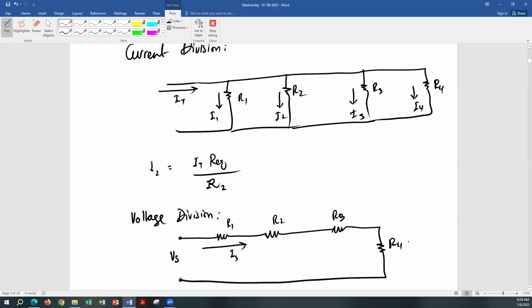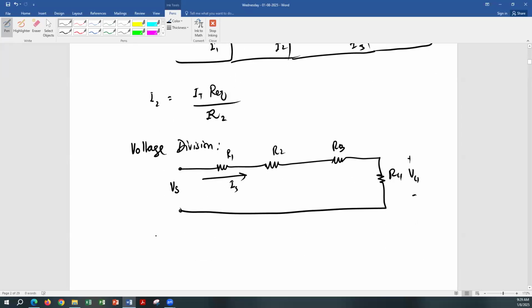If you want to know the voltage across R4, anybody remember how I'm going to calculate it? Very good. Vs times the resistor across which you're trying to figure the voltage out divided by R equivalent. And again, this is R equivalent in series.